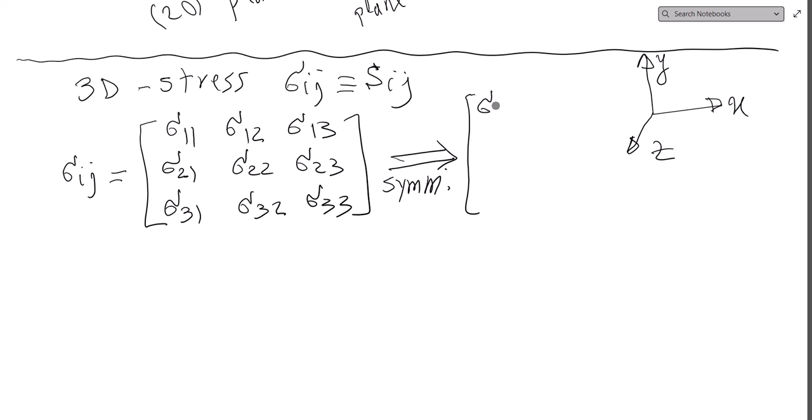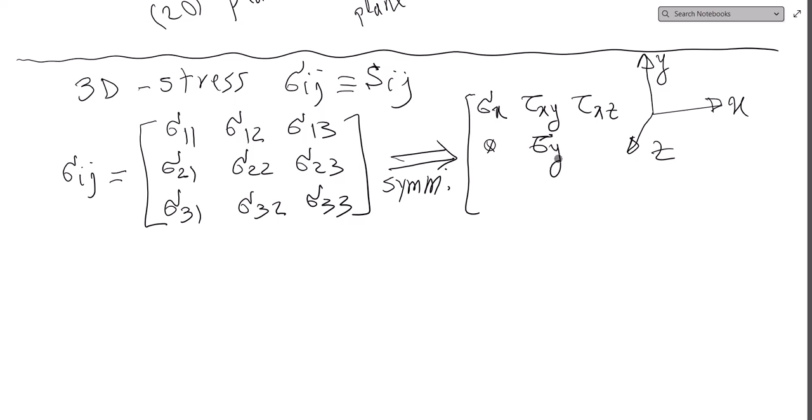So here we call it sigma x, and then maybe tau xy, tau xz. If it is symmetric, then this is equivalent to tau xy.